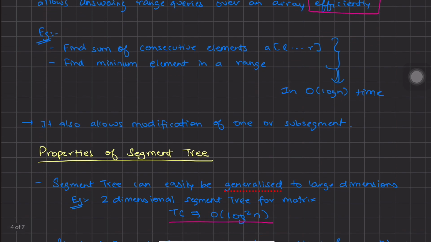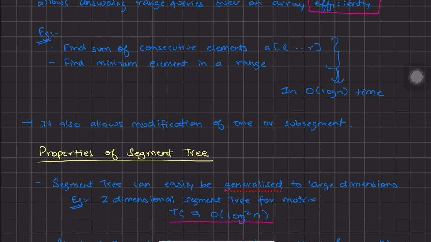Also, if we consider this question, sum of consecutive elements, you will be thinking that we can do this in O of 1 by using a prefix array, right? But what if I tell you that I also want a functionality where I can update one of the indices and still, without rebuilding the prefix array, get the answer?